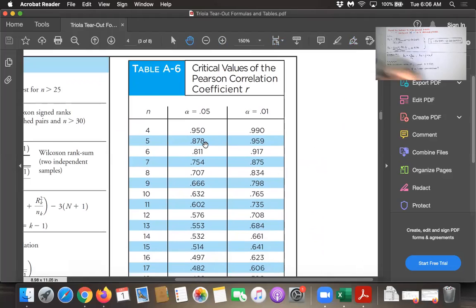For alpha equals 0.05, the critical value of R is plus or minus 0.878, and for alpha equals 0.01, we have plus or minus 0.959. Ooh, I guess it really depends in this case whether our alpha value is 0.05 or 0.01.